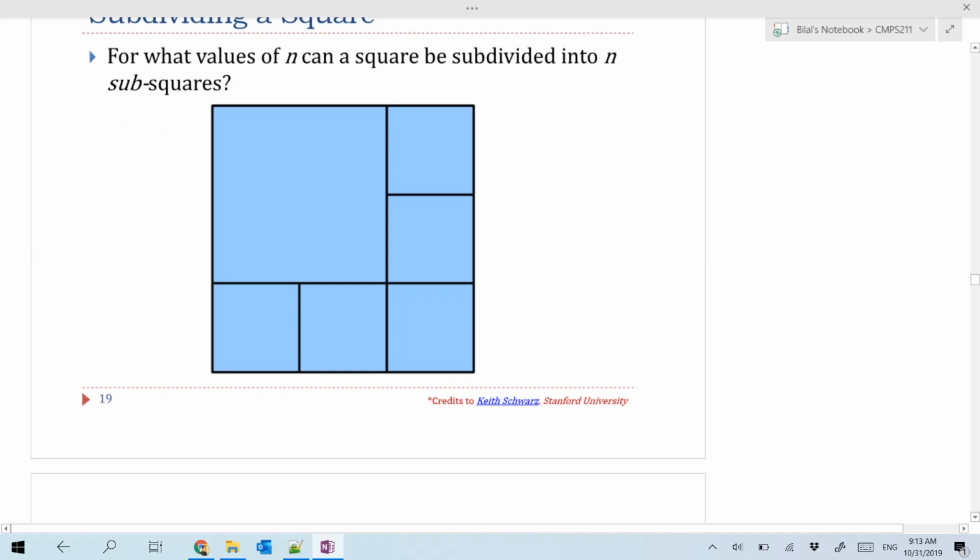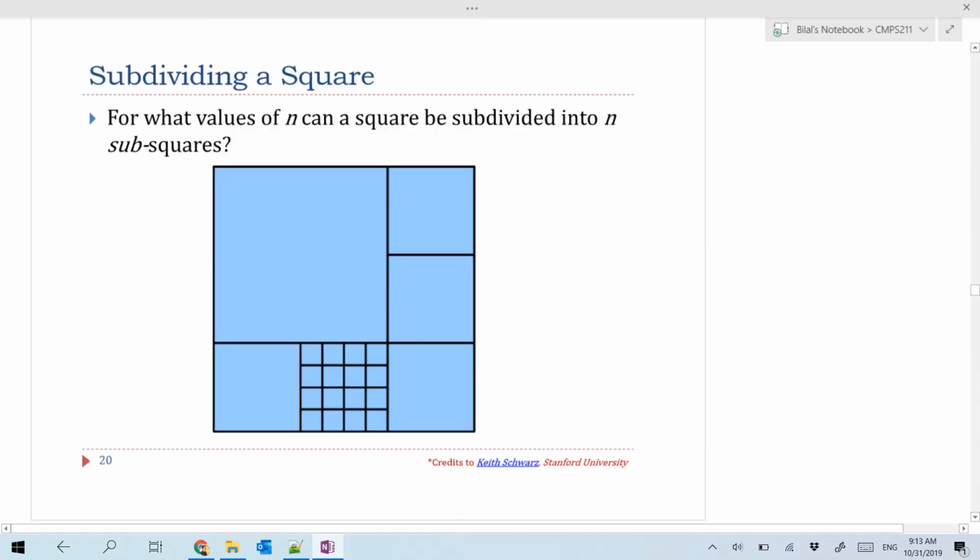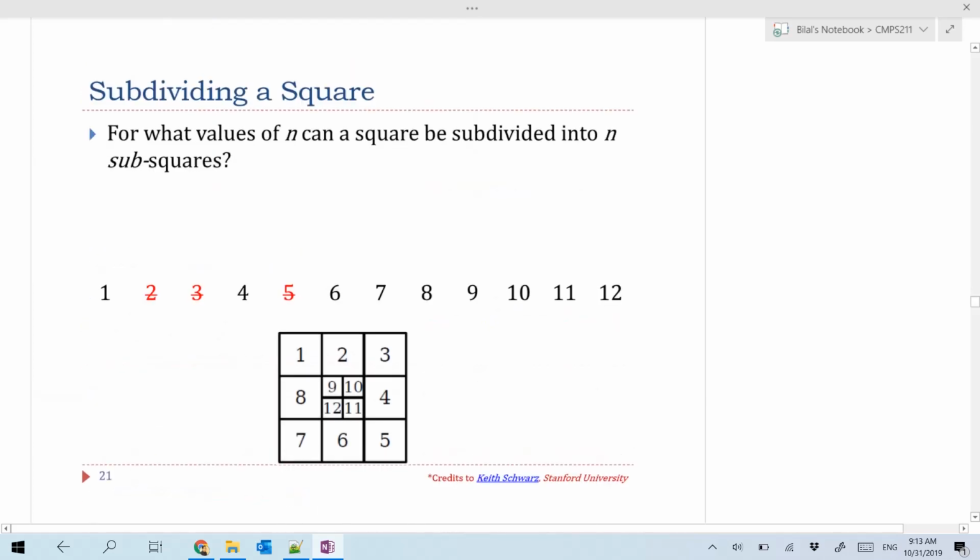You can subdivide into, I think, 16, and then 21. So actually you can get any integer, but only from 6 on. So you cannot reach 2, 3, or 5, but all the other integers can be used as the number of squares.